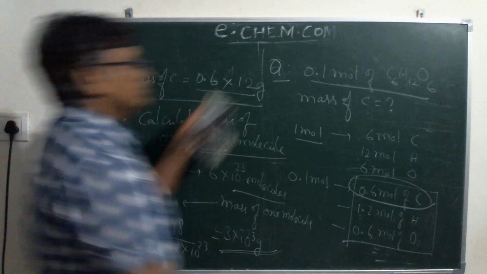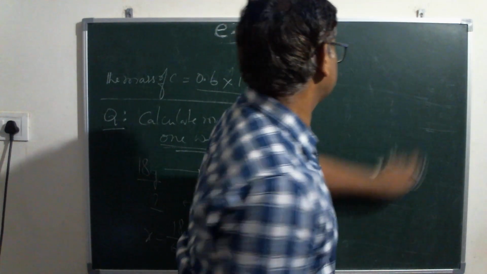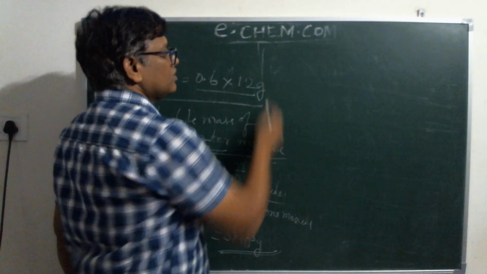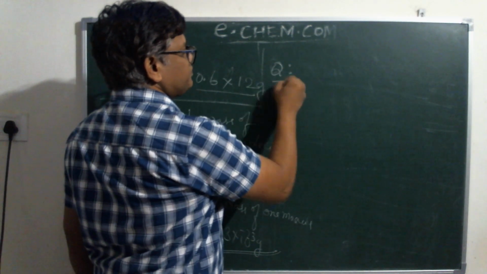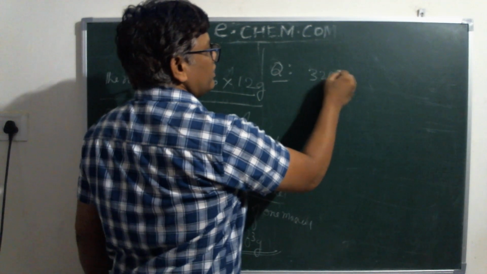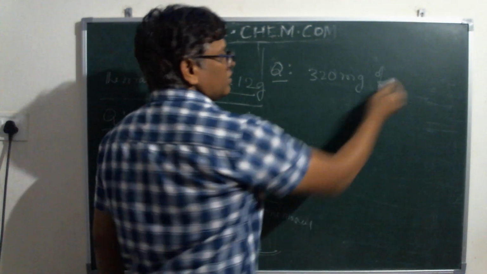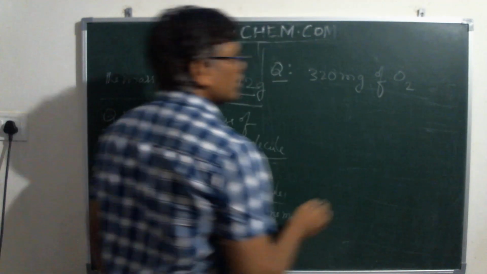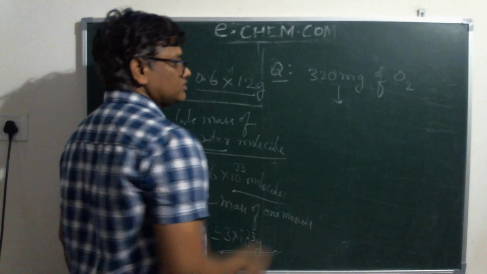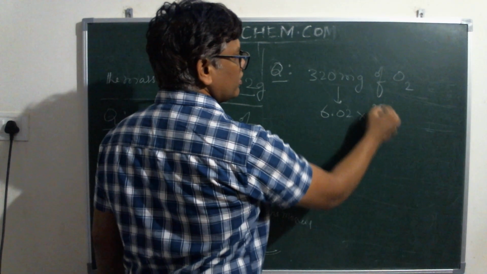Right. Now let's go for some more examples here based on the mole concept, the calculations. I'm taking one question here. I'm having 320 milligrams of oxygen. From this 320 milligrams of oxygen, I removed 6.02 into 10 power 20 molecules.